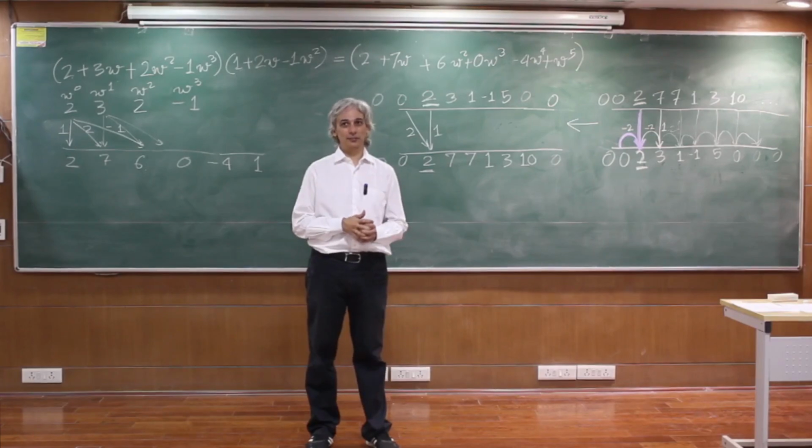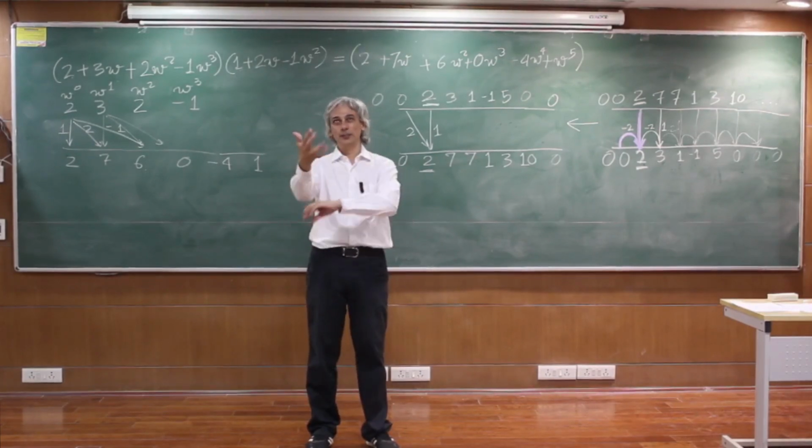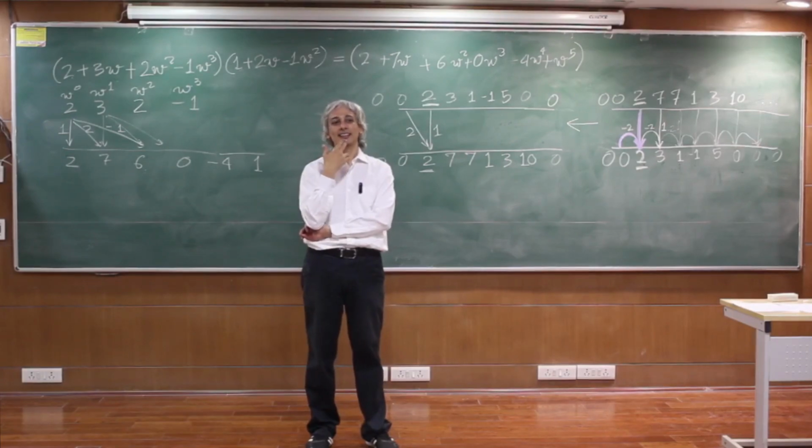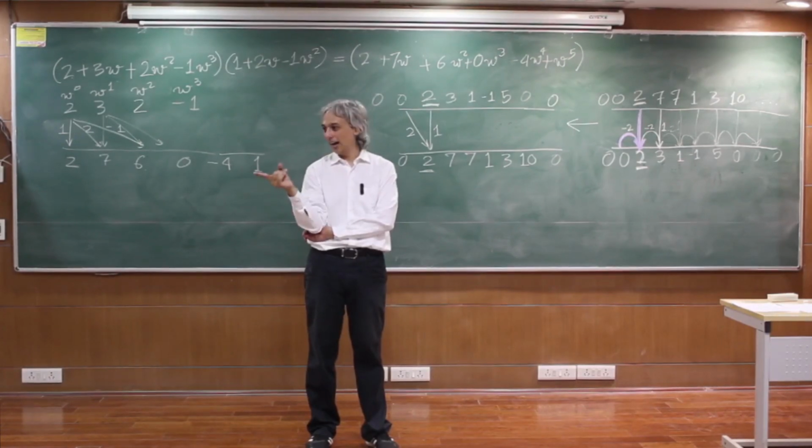Here's a different way of looking at my question. Why doesn't it have the convolution lines that we expect? That's the point. We haven't found the convolution lines. So my next question is, find the convolution lines.